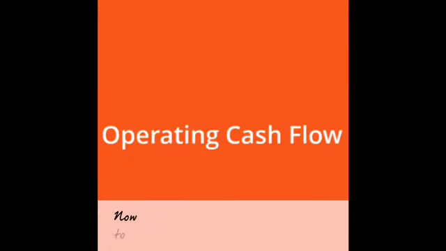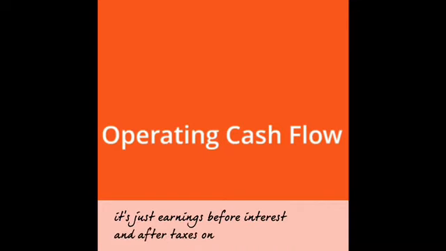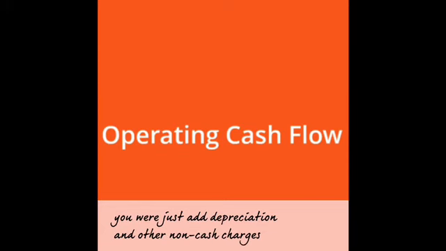To get operating cash flow, we must first find net operating profits after taxes, which is earnings before interest and after taxes at the applicable corporate tax rate. After finding that, to get operating cash flow, you just add depreciation and other non-cash charges.